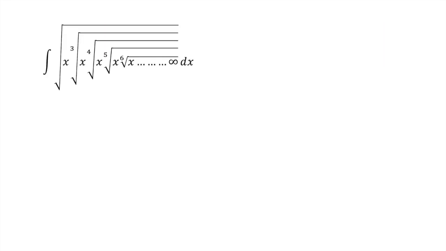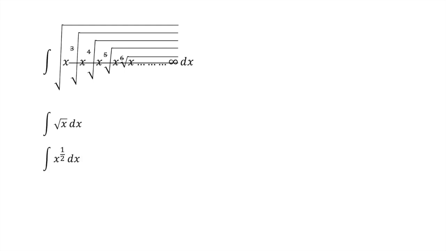Now let's start by taking a more simplified and finite case. Let's take a look at the question where we don't have any of these and just have the integral of square root of x dx, which is extremely easy to evaluate.